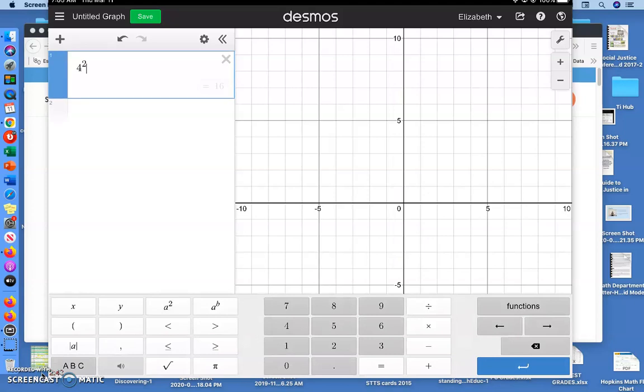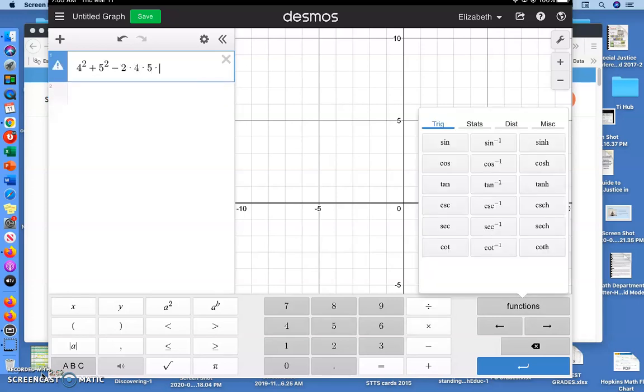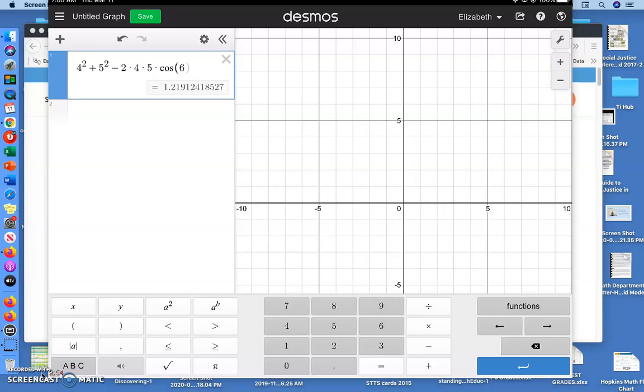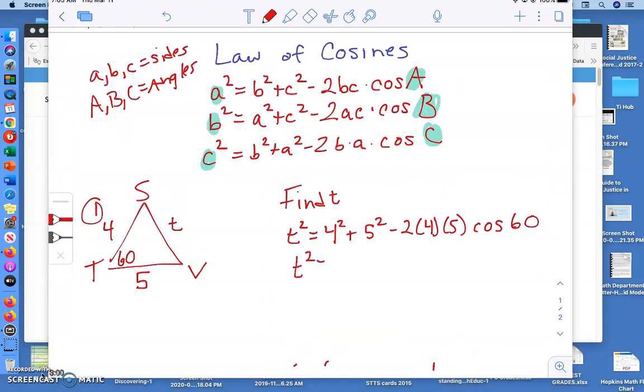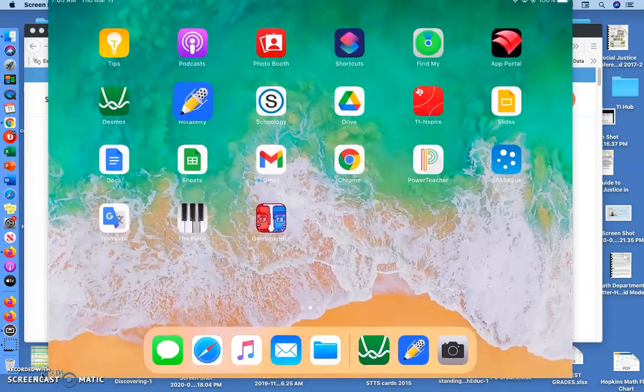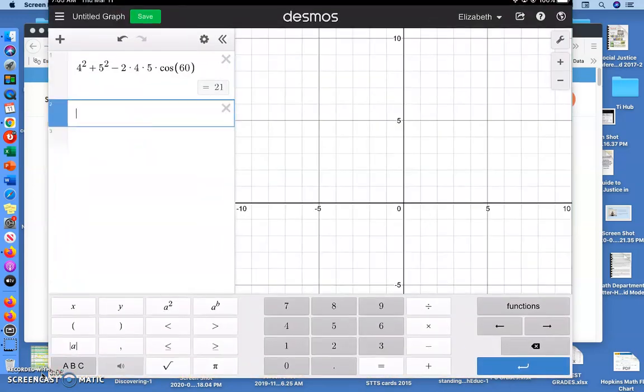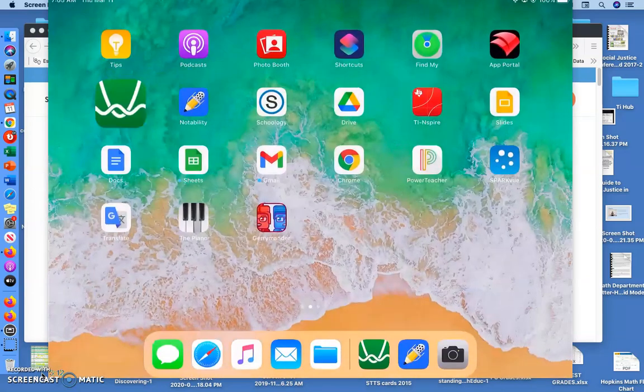So we have 4 squared plus 5 squared minus 2 times 4 times 5 times the cosine of 60, and we get 21. So T squared equals 21. Then we take the square root to solve for T. The square root of 21 is 4.58.